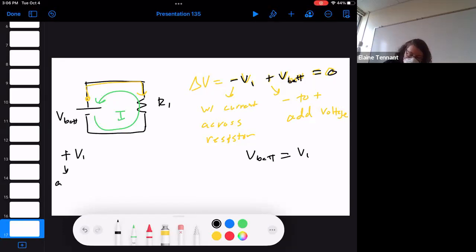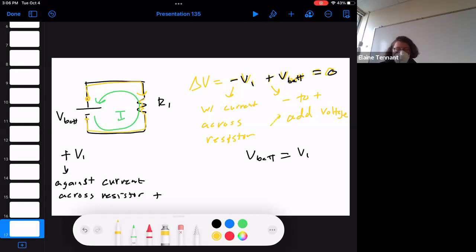So if you're going against current across the resistor, you're going to add. Okay. I go through, I hit my battery.